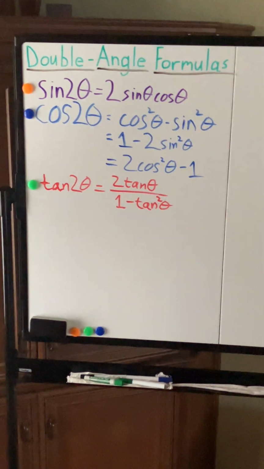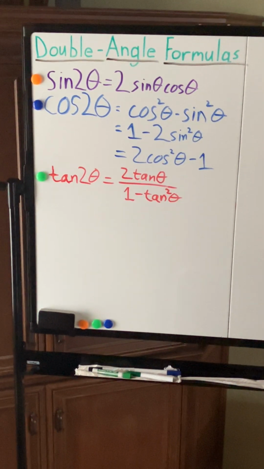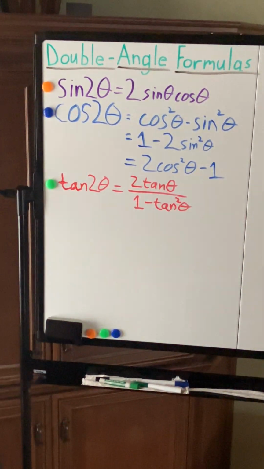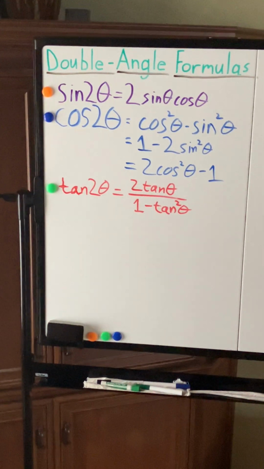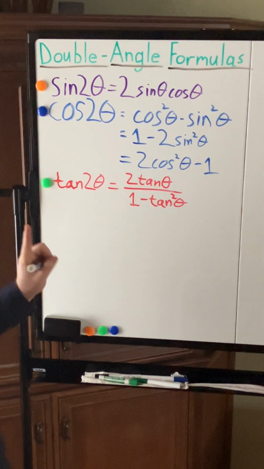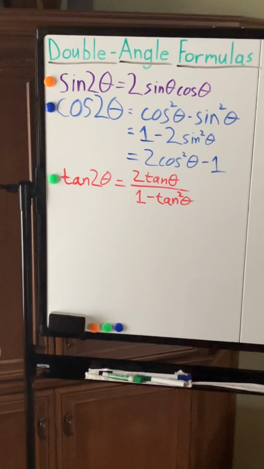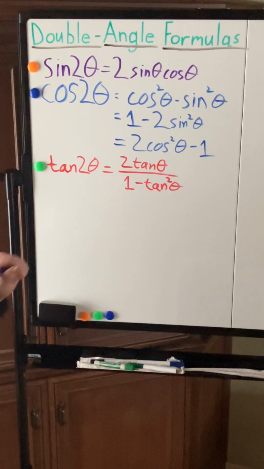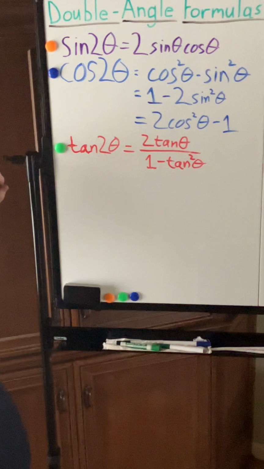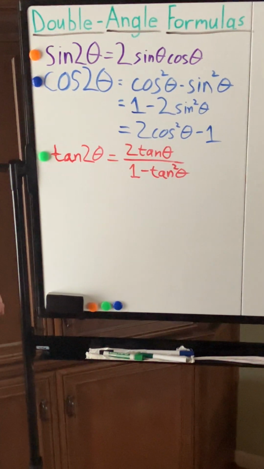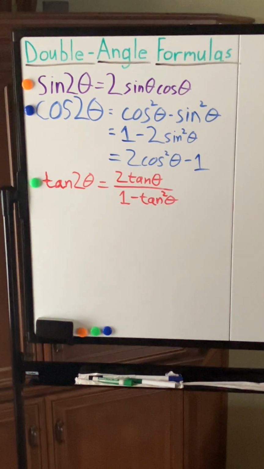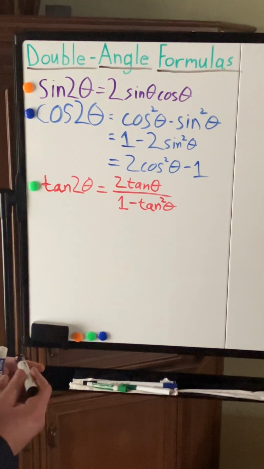All right, our double angle formulas in Trig. This is a rather short section. It has one very specific type of problem that comes with it. If you saw the video on the sum and difference formulas, then it's a problem that's very similar to one of those.